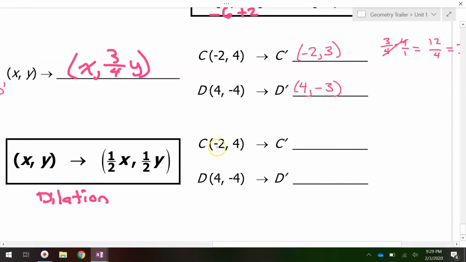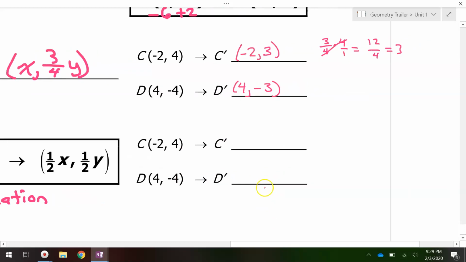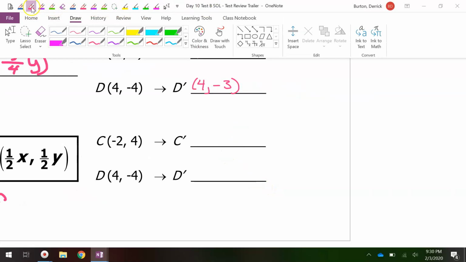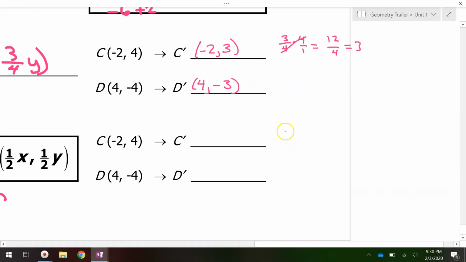So we just need to multiply the x's and the y's by 1/2. So I think I'm going to do that kind of off to the side a little bit. So I need to do 1/2 times negative 2, and I need to do 1/2 times 4.